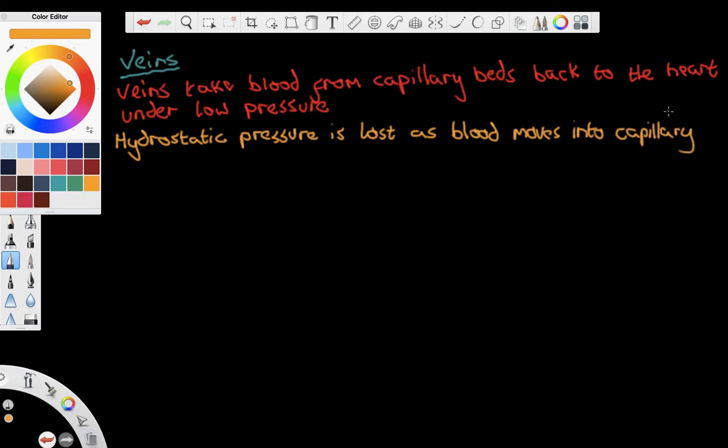So this pressure is lost. Now, all of the adaptations that the veins have allow them to take blood back to the heart under low pressure.